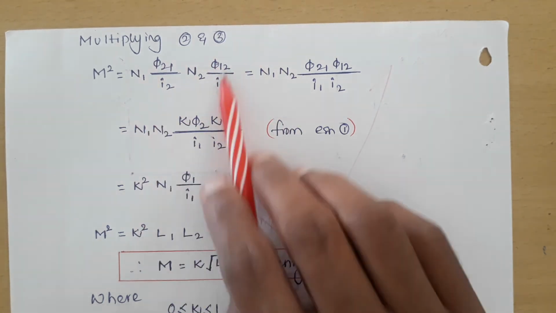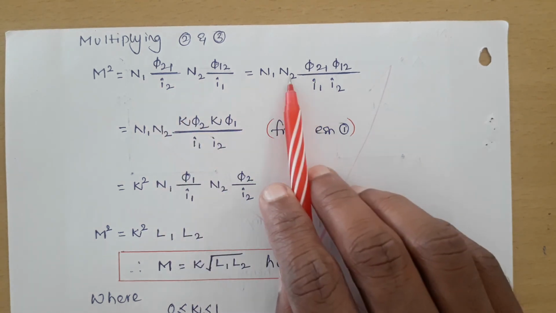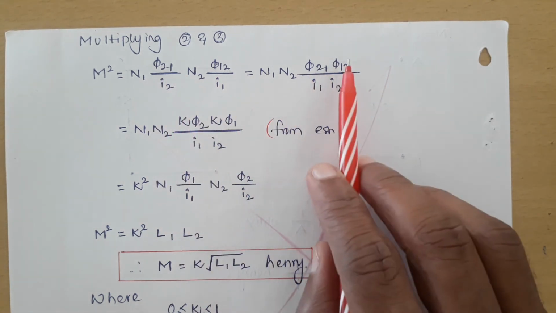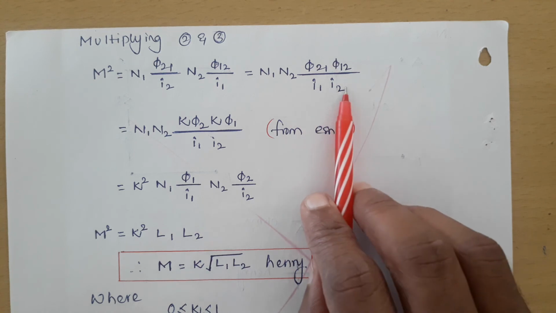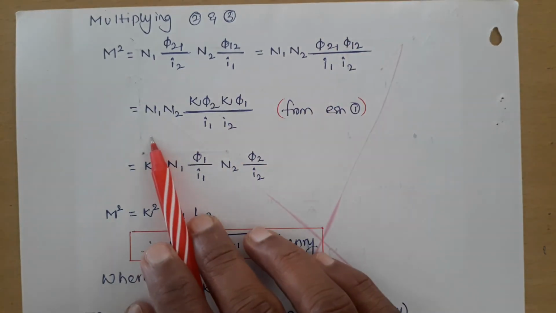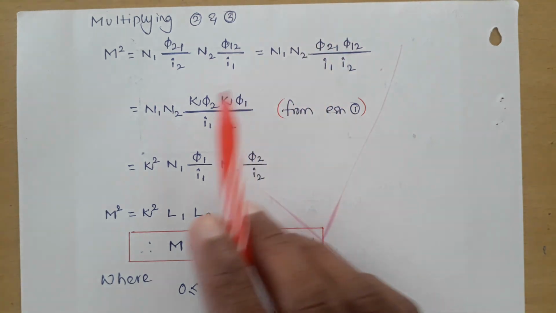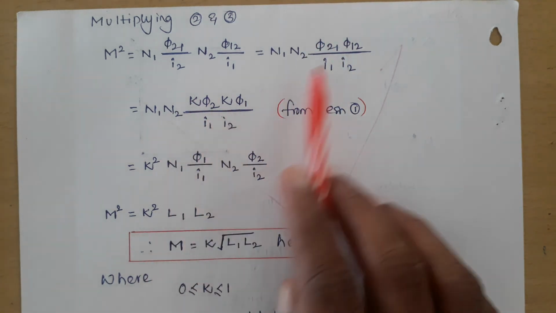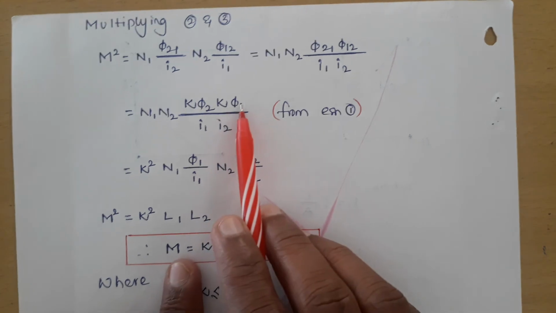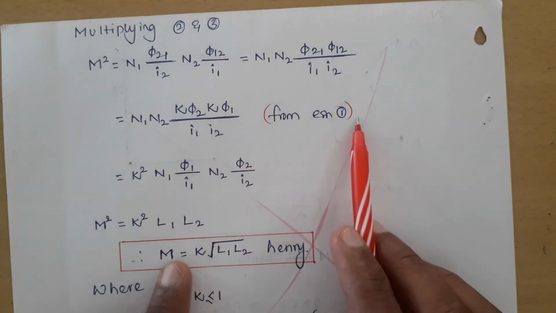Rearranging these terms, N1 N2 into phi 21 into phi 12 by I1 I2. Phi 21 can be written as K times phi 2, and phi 12 can be written as K times phi 1. This is from equation 1.